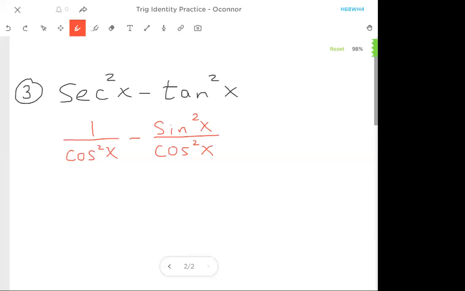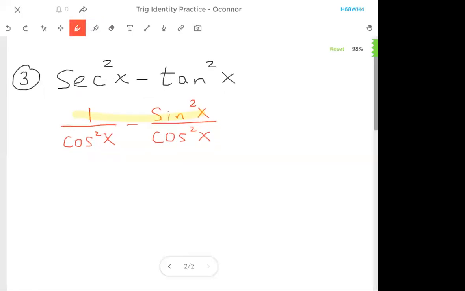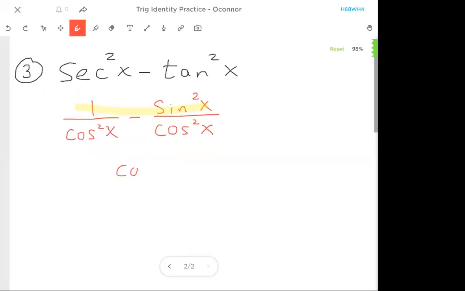I'll let that sink in for a second. And now 1 minus sine squared is cosine squared. So I have cosine squared x over cosine squared x, which of course is just 1.